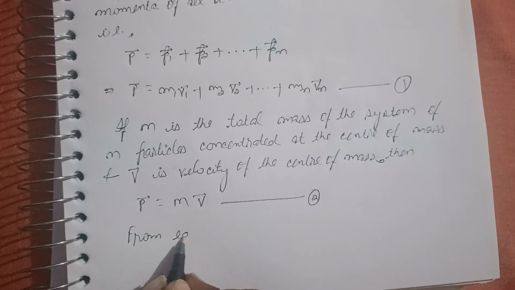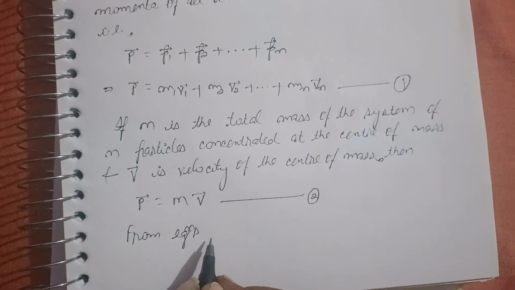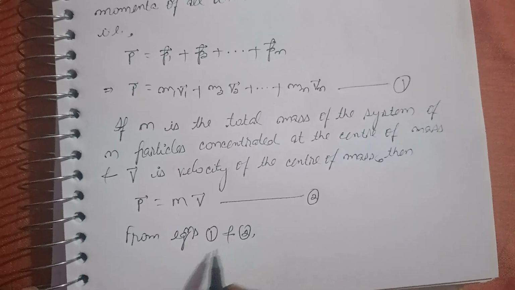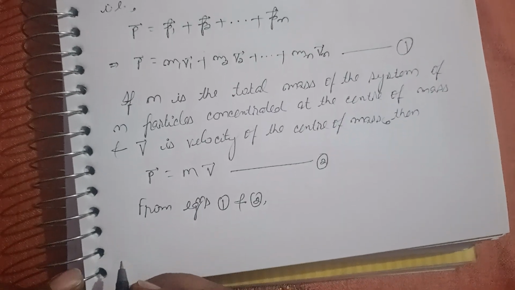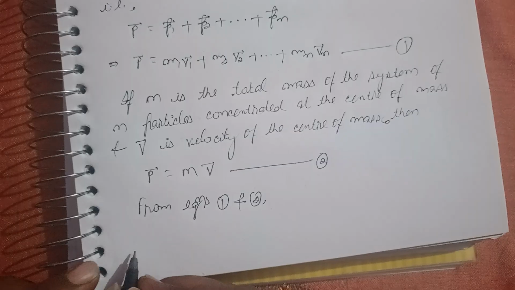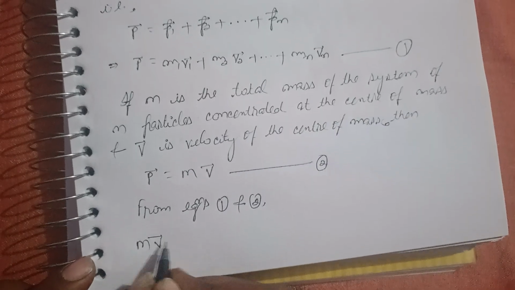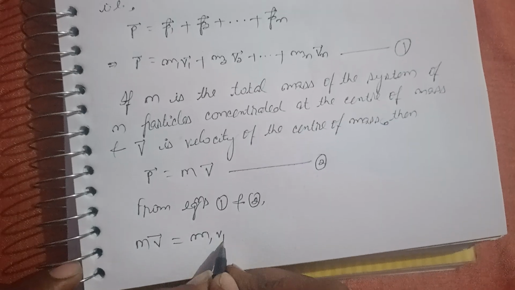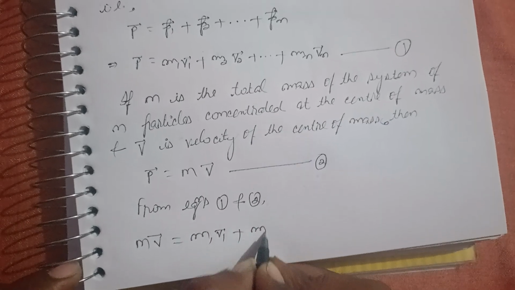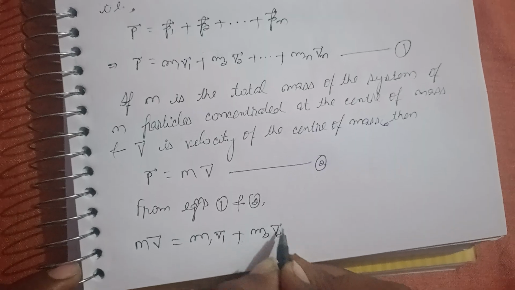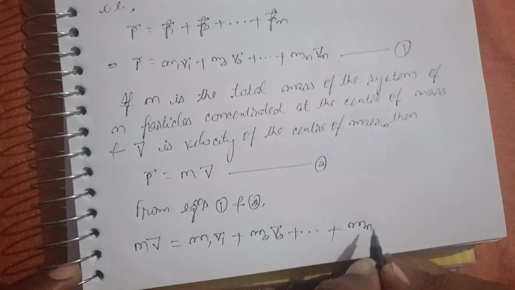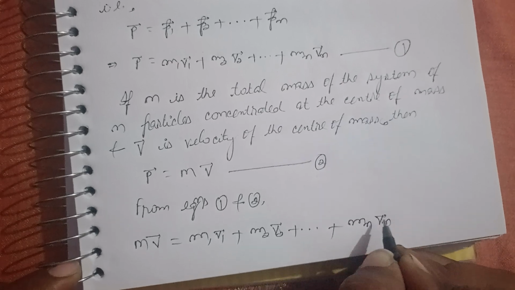From equation first and second, M vector V is equal to M1 vector V1 plus M2 vector V2 plus ... Mn vector Vn.